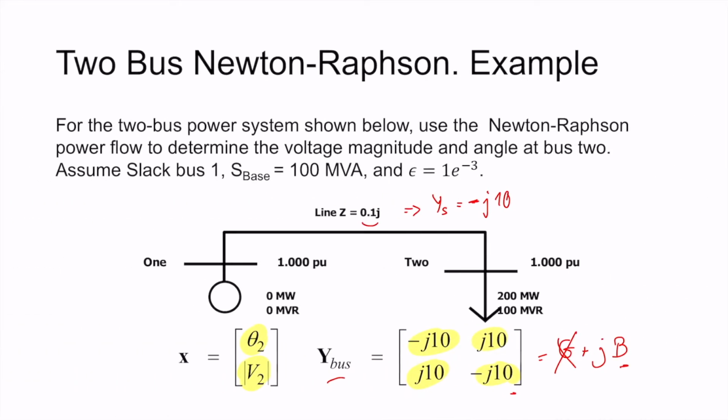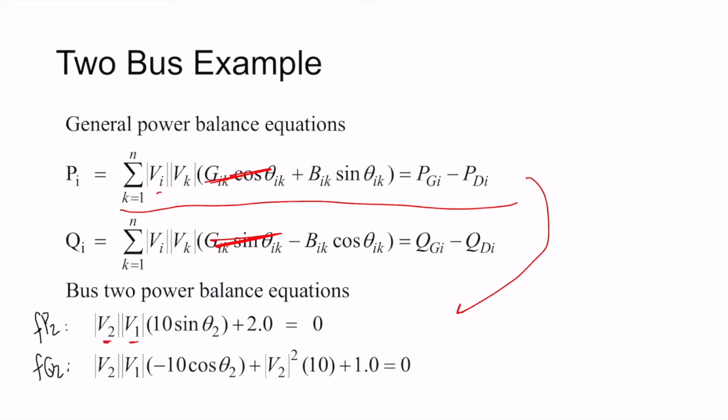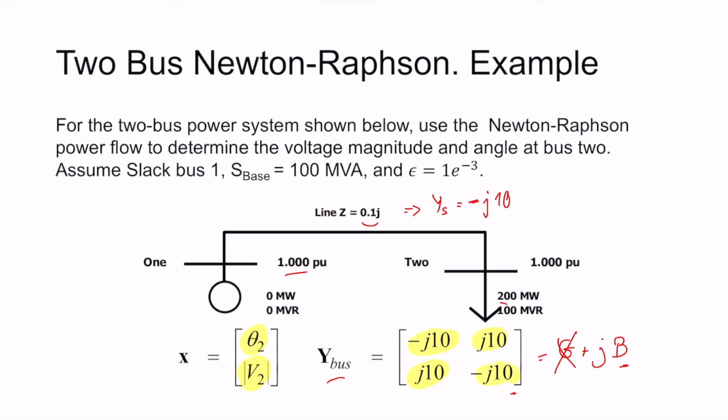I also know that V1 is equal to 1 and delta 1 is equal to 0. So you see here, P2, the active power, is this value.